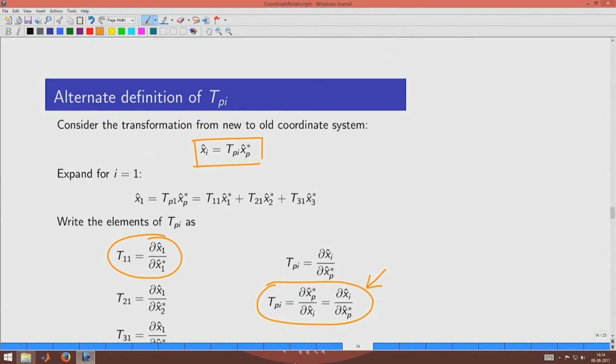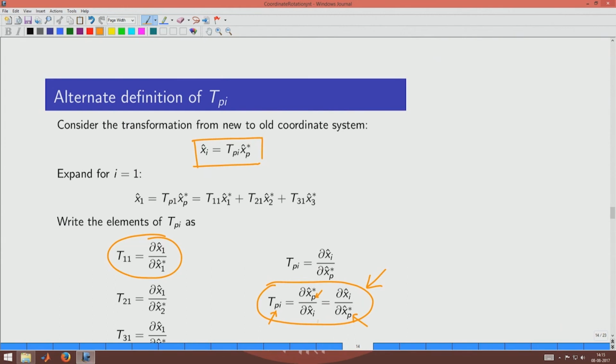The reason why this happens is the same principle. Basically, the inverse of T is the same as the transpose. So, here you can see that the index positions are changed, and what it implies is that we are taking the transpose when you are doing the second way of differentiating, and therefore, the inverse transformation is giving you the same TPI.